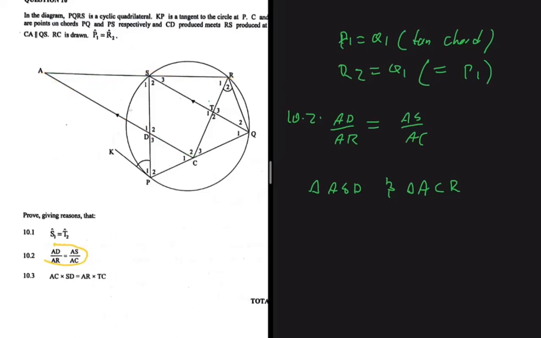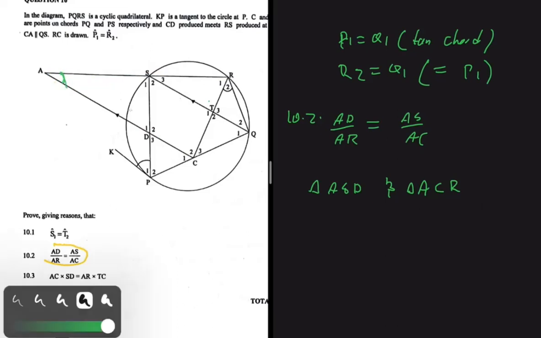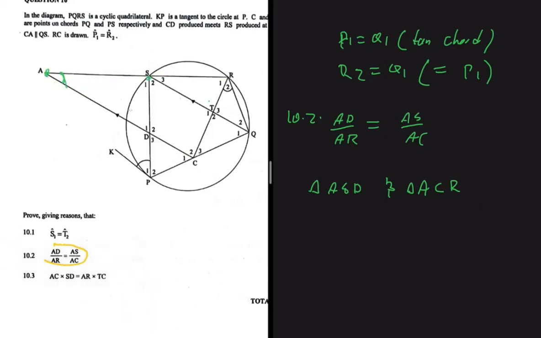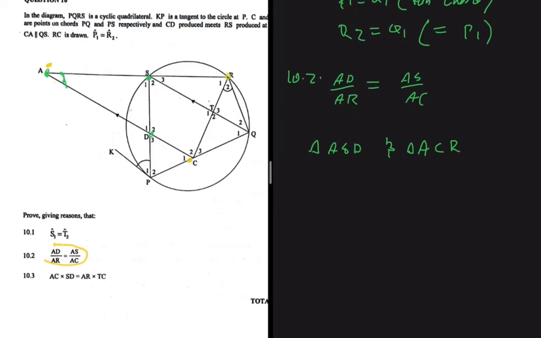You can see that A is a shared angle of the two triangles ASD and ACR, right? A is a common angle. So we can say that angle A is equal to angle A, obviously, right? It's a common angle. There isn't really much to say there.